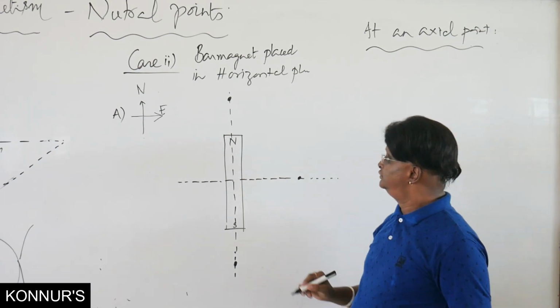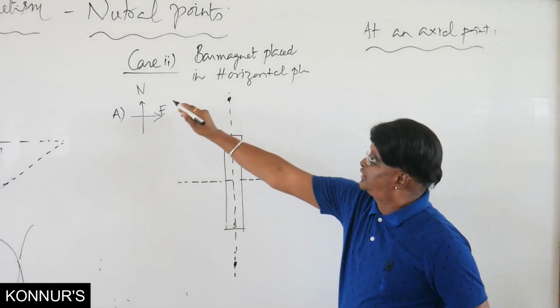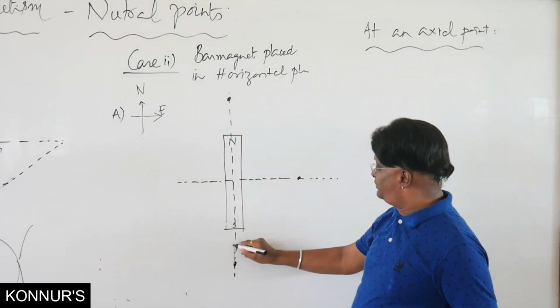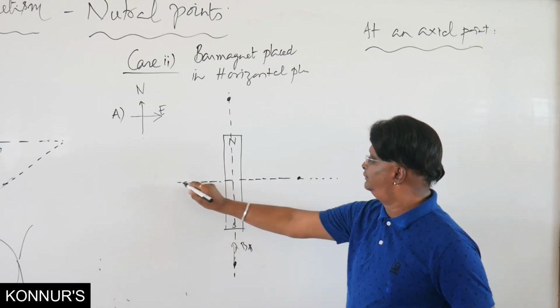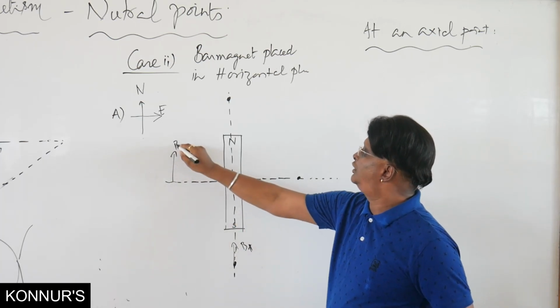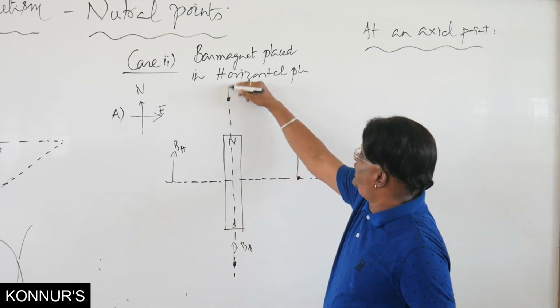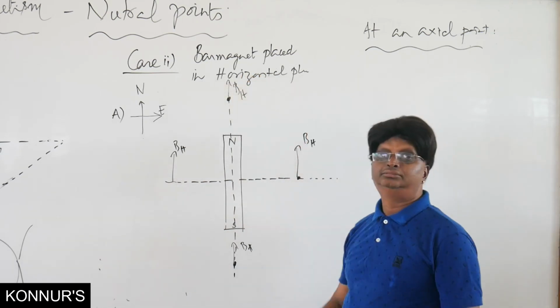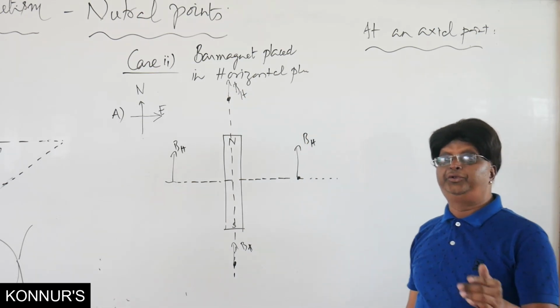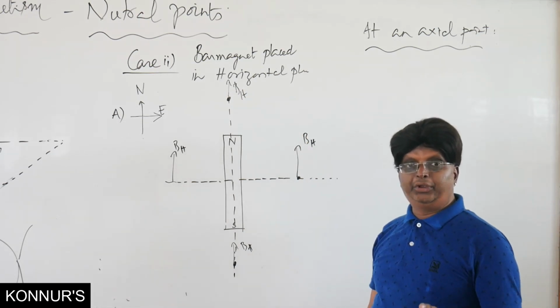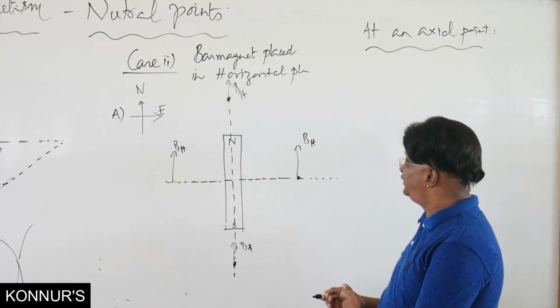Now you see, with geographic south and north, at any point BH is always from south to north, the same vector BH at any point. Now let us write B due to the bar magnet, a short magnet I am taking.